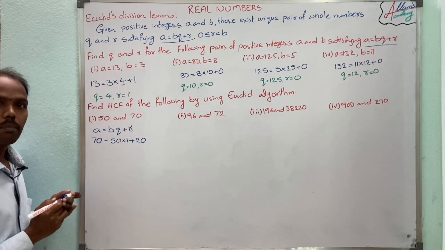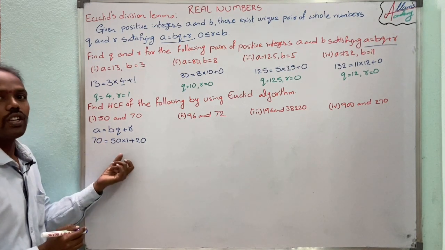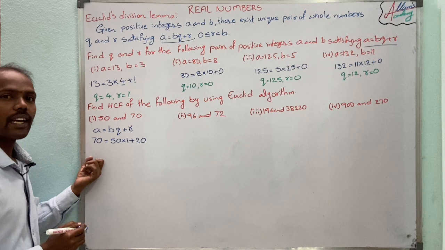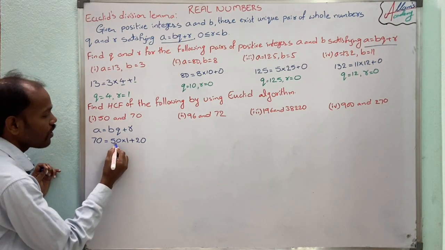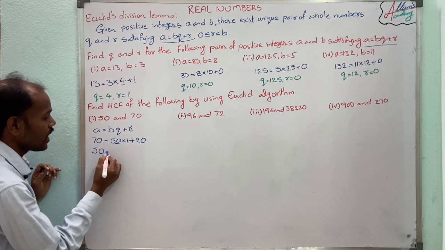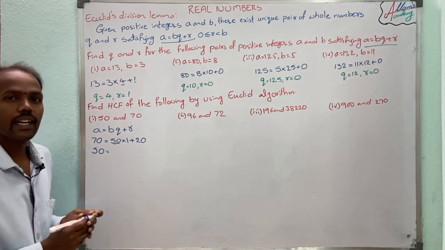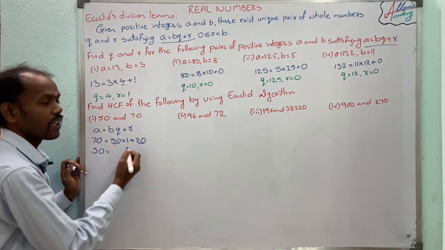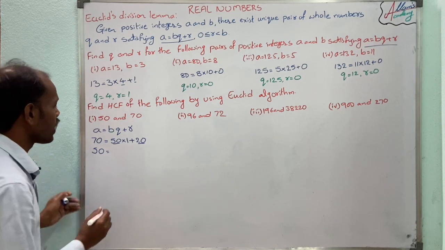For that process, what is the b value? Now the b value will be taken as the a value. So the b value here is 50, so 50 will be taken as a. And here the remainder is 20. Now the 20 remainder will be taken as b.